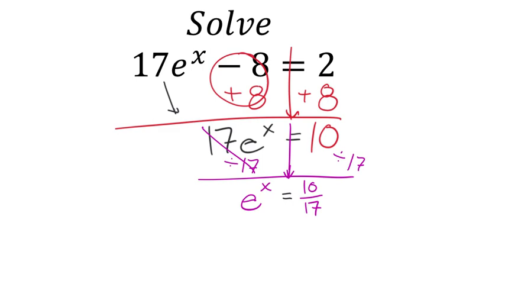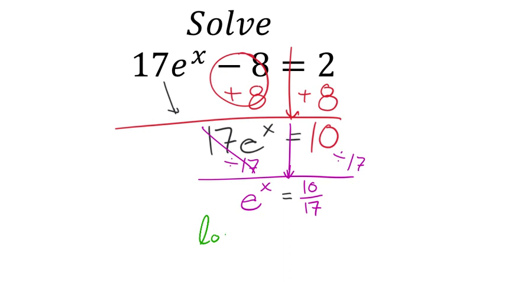And I definitely won't be able to make the base e any form of, or even close to 10 over 17. So what I'm going to do is I'm going to change this into a logarithm. And since it's a base e function, I'll show that extra step first.